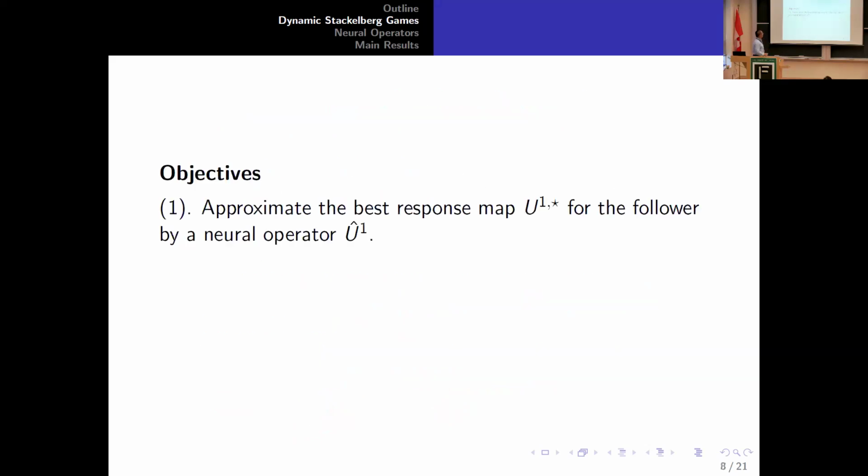For this paper, our objective is to approximate, because as I mentioned earlier, the U1 star, that is a theoretical Stackelberg equilibrium, is not always solvable. That means we cannot find it explicitly. So we want to find an approximate value using a neural operator.